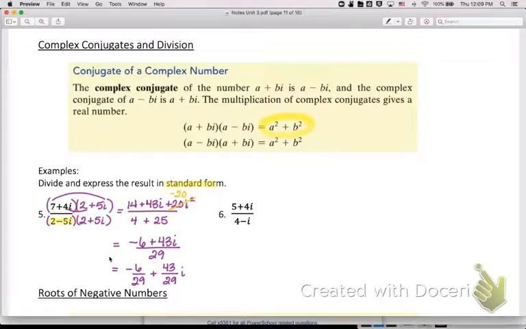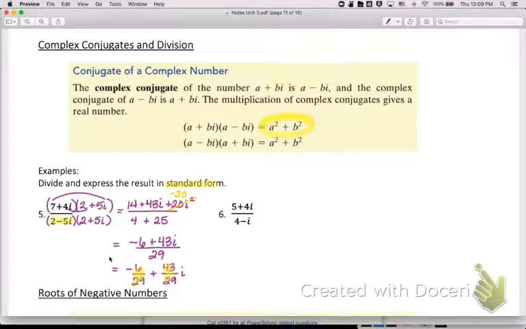And that's how your answer will be expected to look in MyMathLab. If it says standard form, it's got to be written as a plus bi, which means two separate terms. Now, you should always check here and see if anything can be simplified. And in this case, neither one can. So that's just our answer.